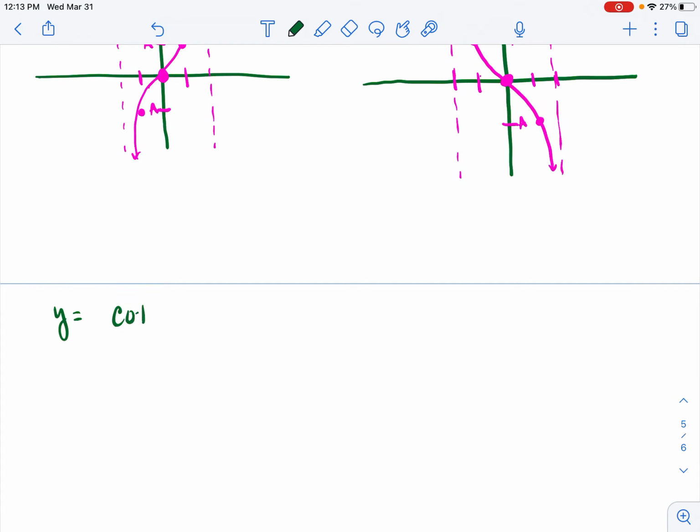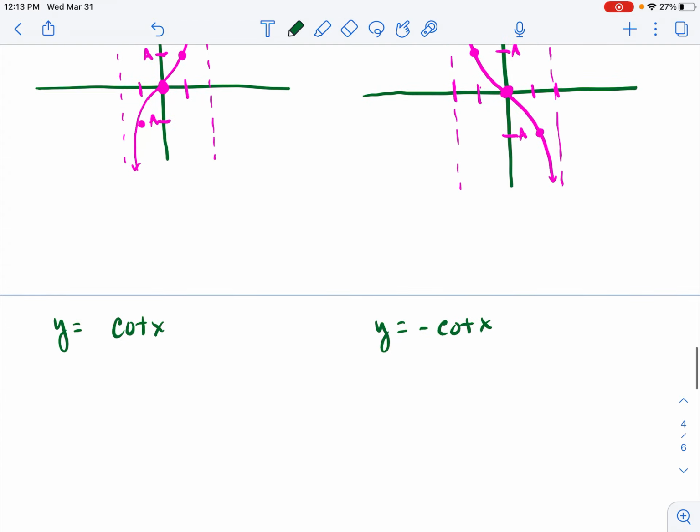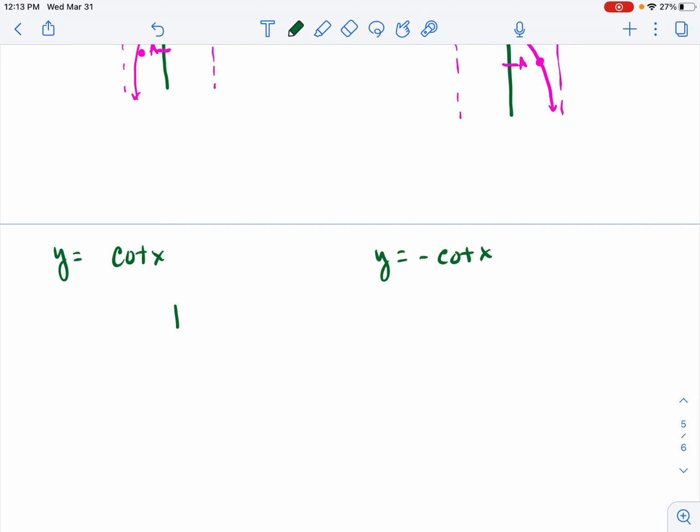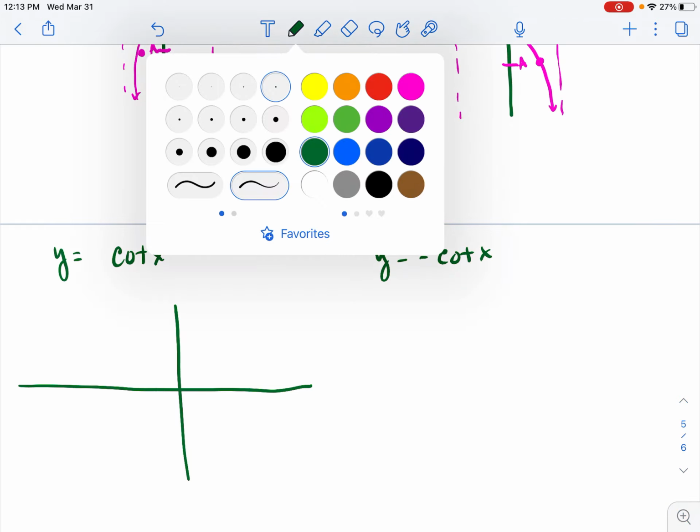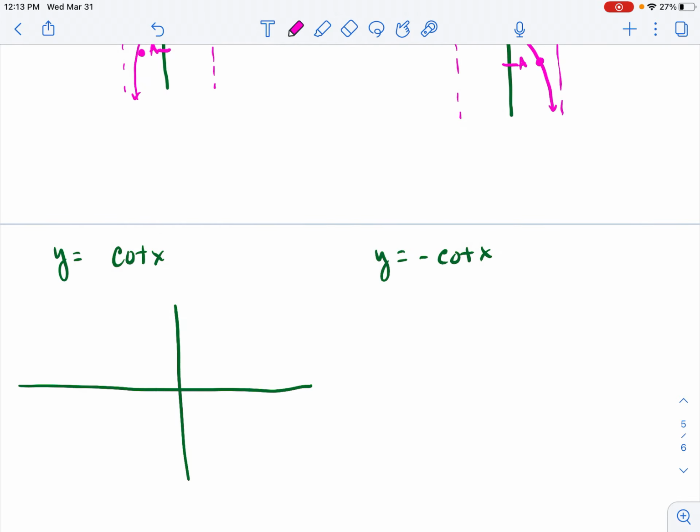Okay, so let's say you had y equals cotangent x, and I'm going to compare it to y equals negative cotangent x. Now look, you guys, the main difference here between tangent and cotangent is where the heck are those asymptotes. Okay, remember a cotangent graph has its first asymptote on the actual y-axis. So the next one's just going to be one like tick mark to the right there, okay?